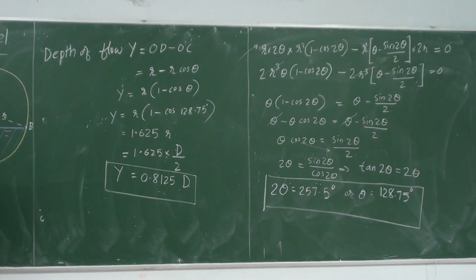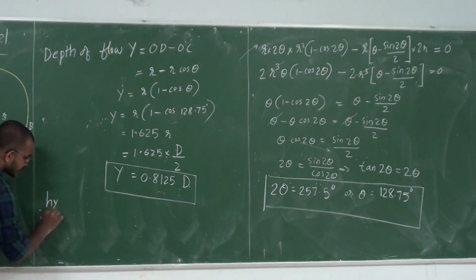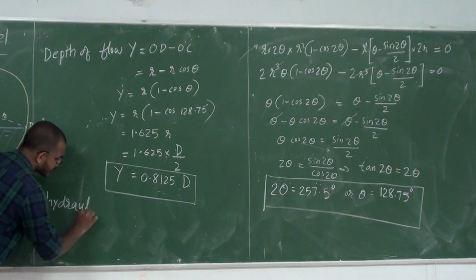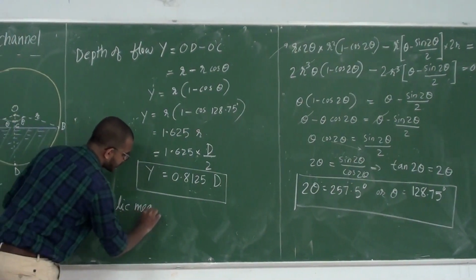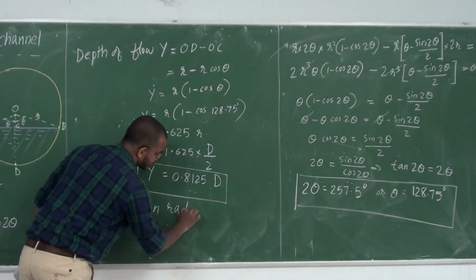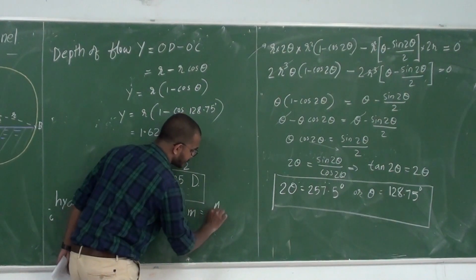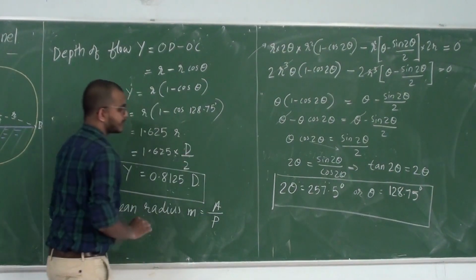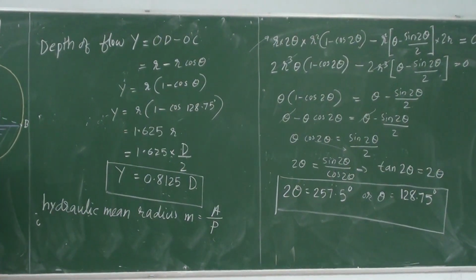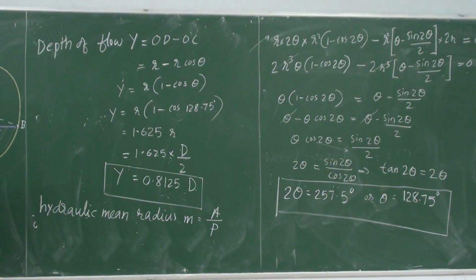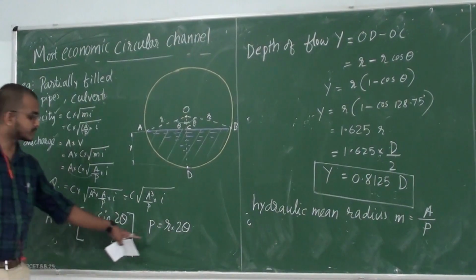Now the hydraulic mean radius m is equal to area by perimeter. The area is equal to r square into theta minus sin 2 theta by 2, and the perimeter is equal to r 2 theta.